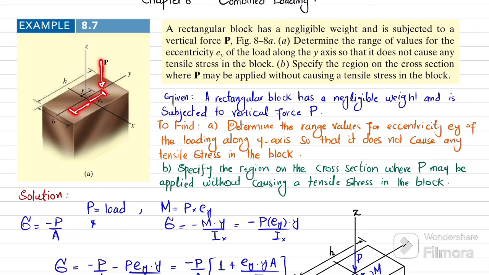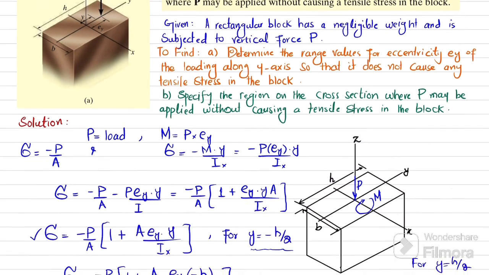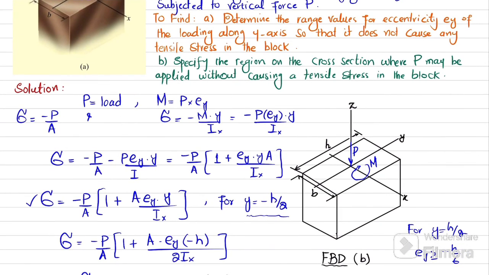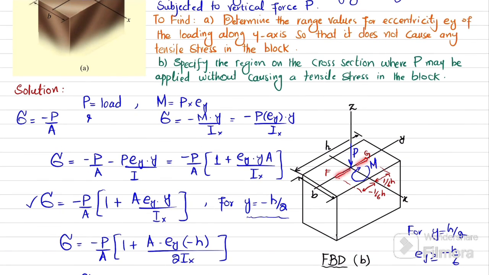Let this point be G and this point be F. So this is the range. For example, this distance is minus 1 over 6 H and this distance is plus 1 over 6 H. So moving this load P in between these 2 points, there will be no tensile stress in this block.